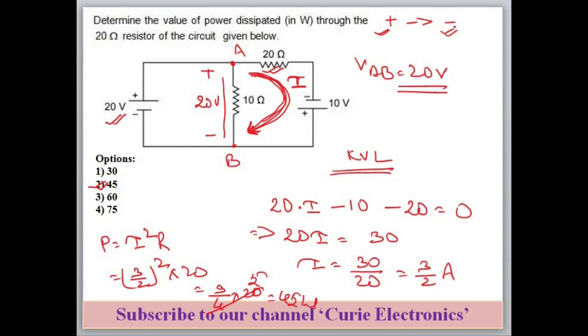So whenever we are going plus to minus, we will take it as positive. Here current was flowing like this, so we took it positive 20. Here what is the direction? Minus to plus, so we took it as negative. Here also it is minus to plus, so we have taken it as negative. Now you can solve it. Your answer is 45 watt.